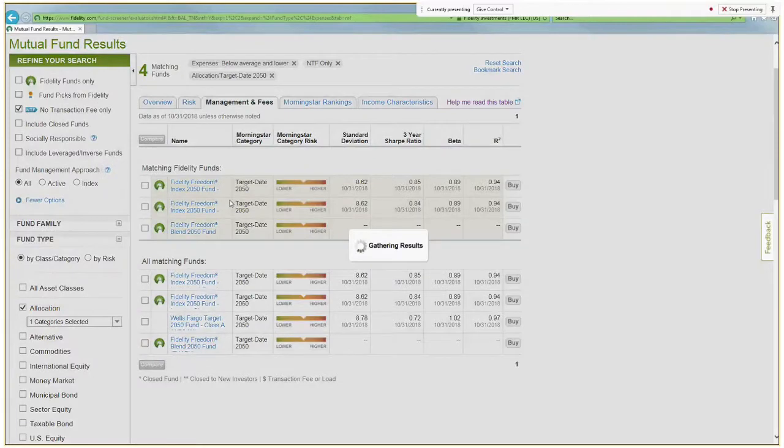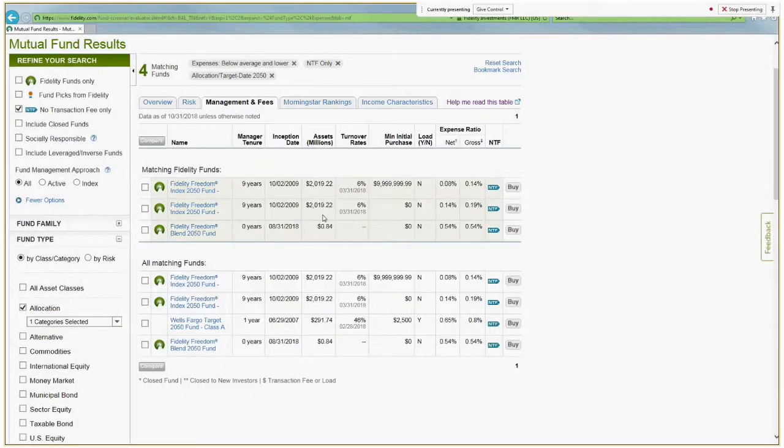Now, when we go to management and fees, this will have a breakdown. So you'll have the inception date, how long the manager's been with the mutual fund. Then over here, you'll have a turnover rate, and then the minimum initial purchase, so the minimum amount to actually purchase the fund.